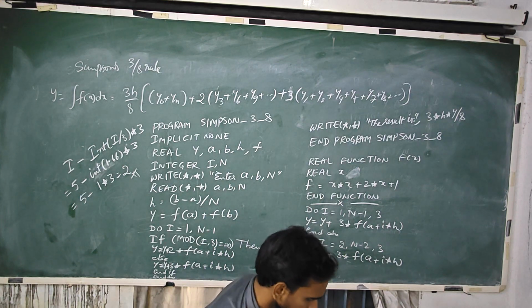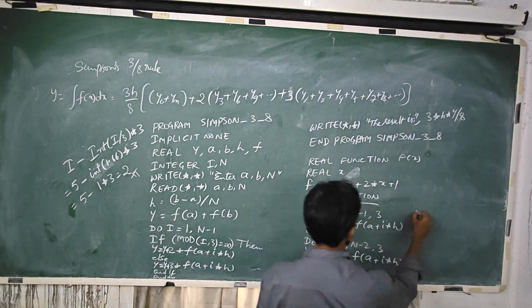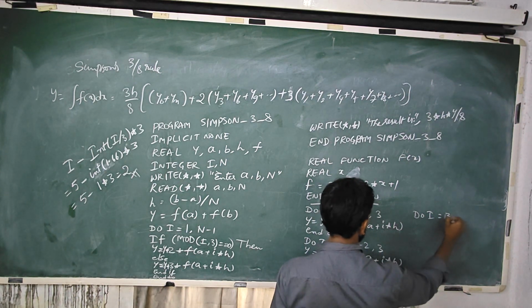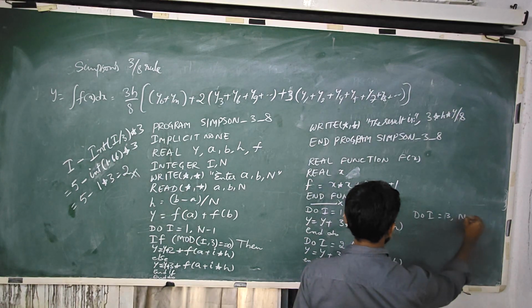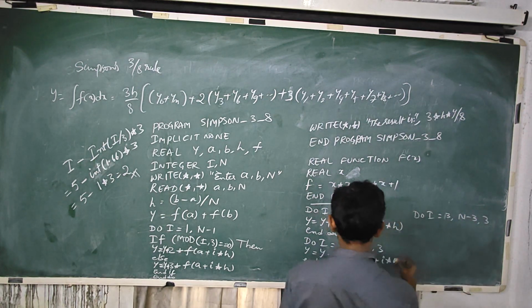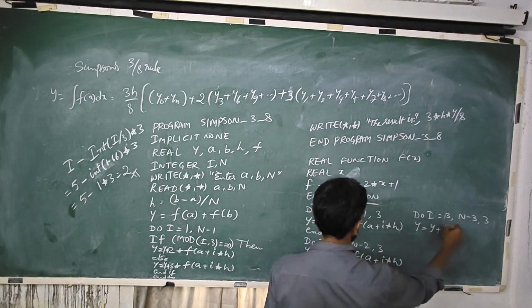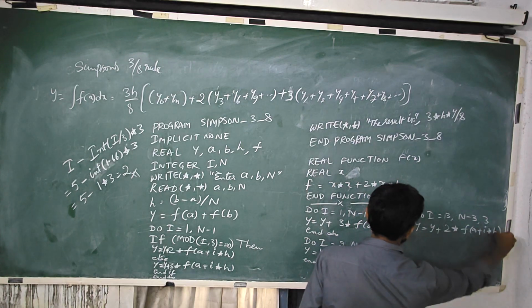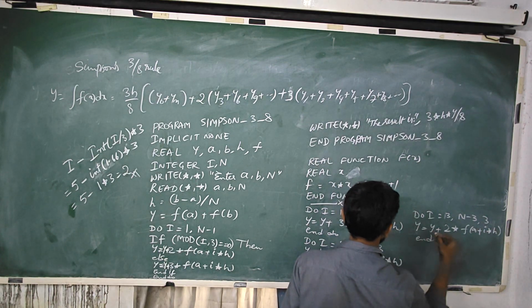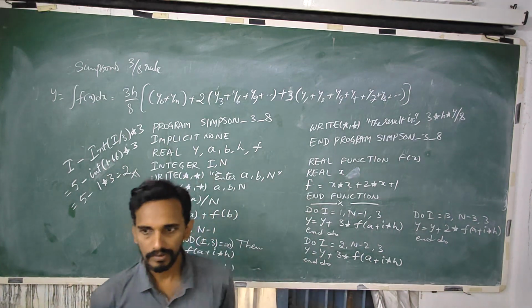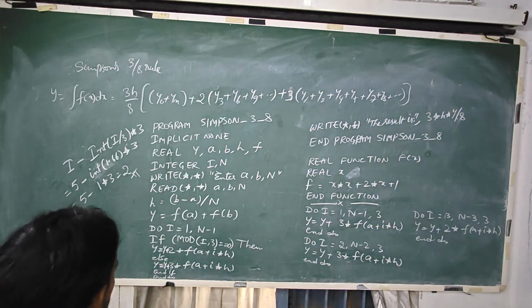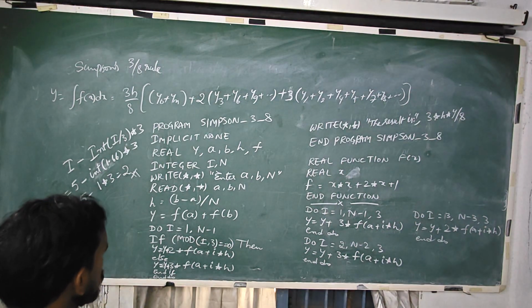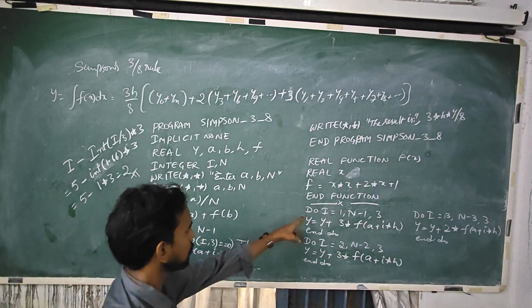Then the multiples of 3. Do I is equal to 3 to n minus 3 with a step size of 3. Here it is 2 star. So if I consider all the series separately, the number of loop operations are the same.